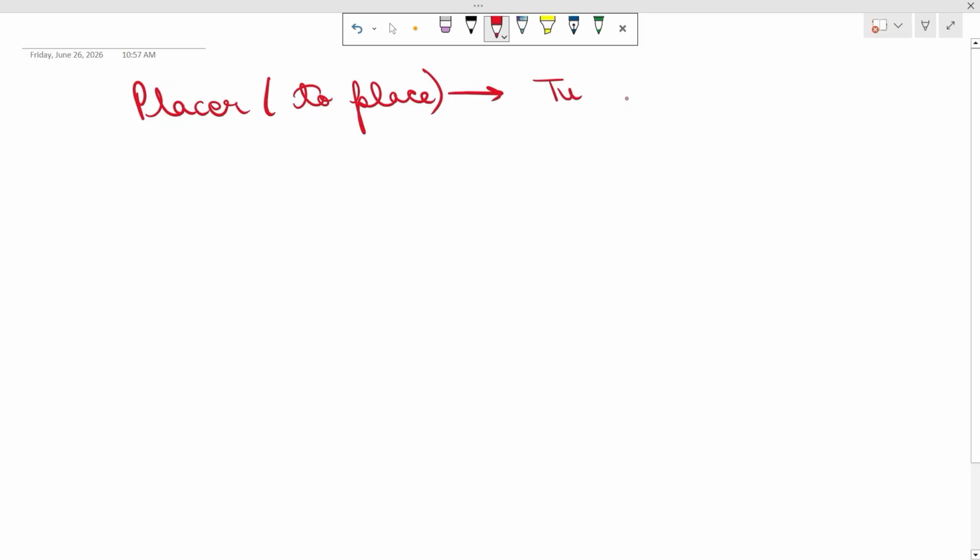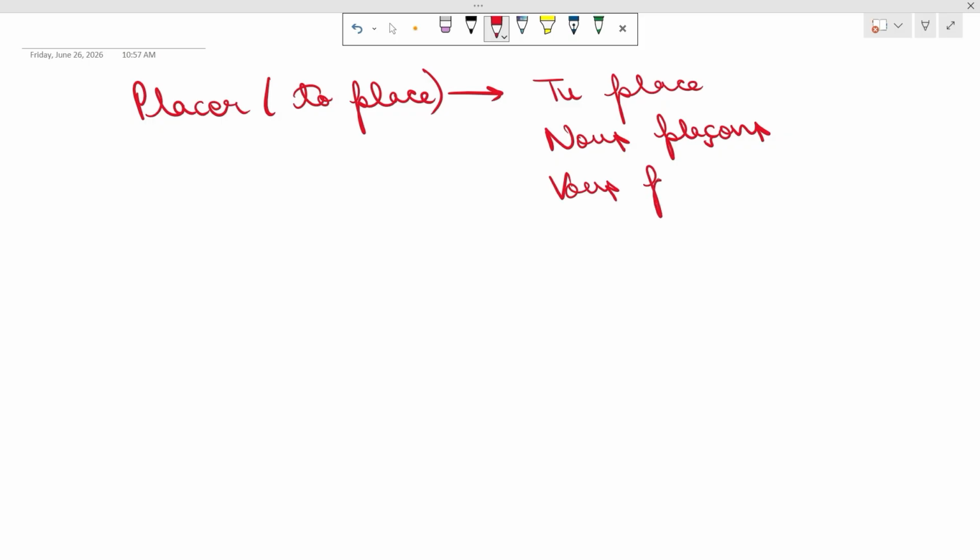So the conjugations are tu places, nous plaçons, since it is a cer ending verb, and vous placez. The second step was that we take the tu, nous and vous form. The third step was that we remove the s from the er ending verb and we remove the subject pronouns.